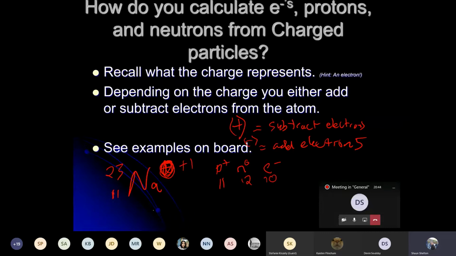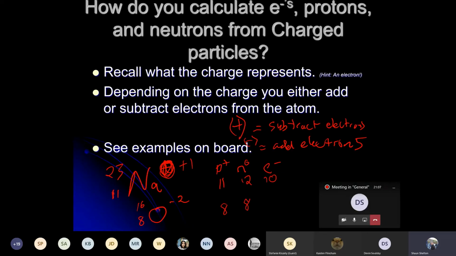So another example would be oxygen, and this is coming straight from the periodic table. 16 and 8 are the mass number and atomic number on the periodic table, and then -2 is the charge of the ion. Now, the protons are still 8. The neutrons, 16 minus 8 gives you 8.